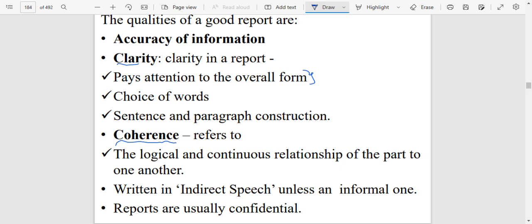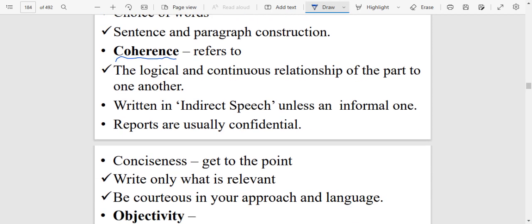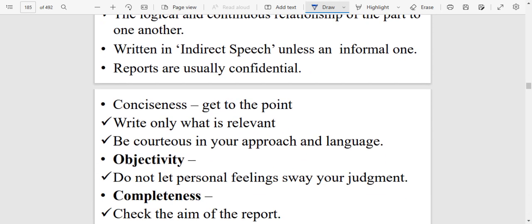For example, if I say, I will beat you if you don't come early, and you want to write it directly, you write it like that: I will beat you if you don't come early, Mwanza said. But in indirect speech, you say, Mwanza said he would beat her if she never came early. So that is an indirect speech. Make sure that you also use those in formal writing.